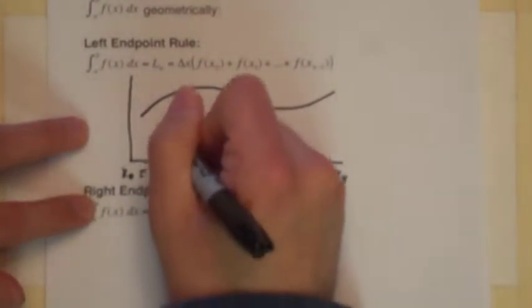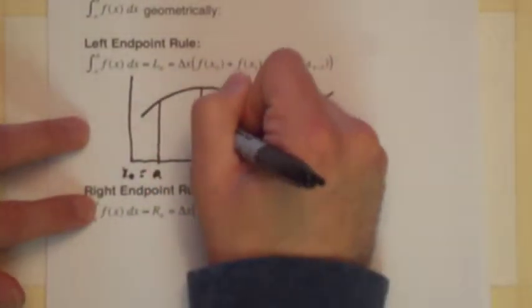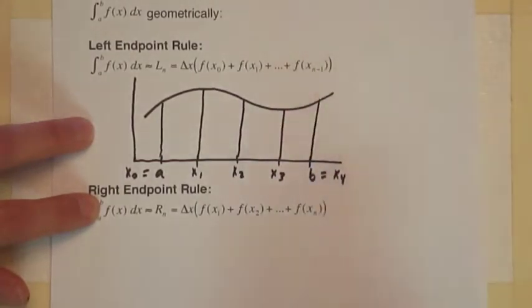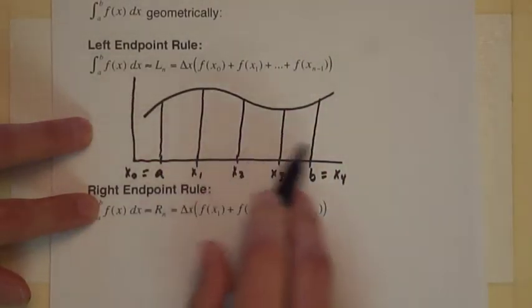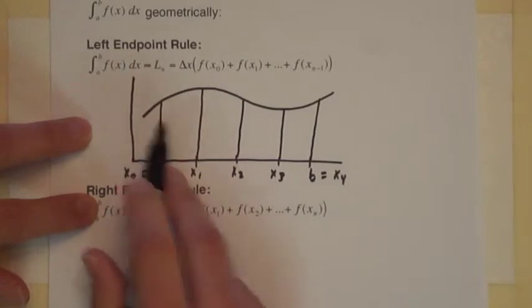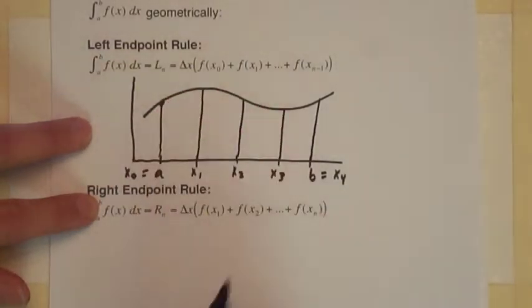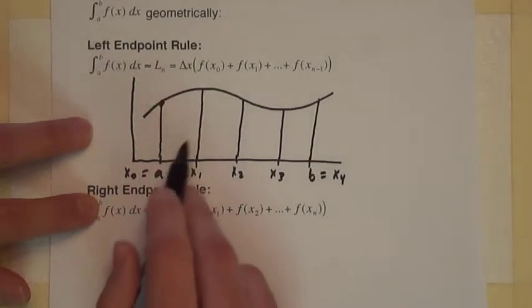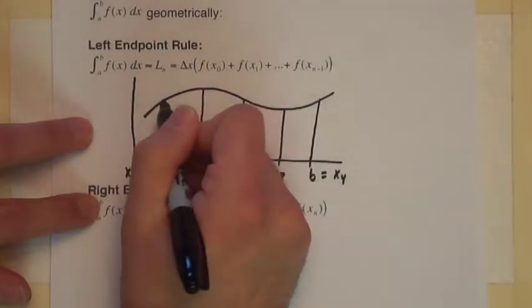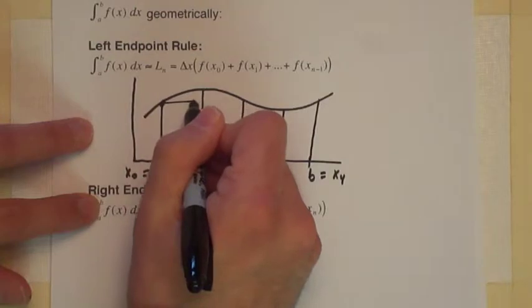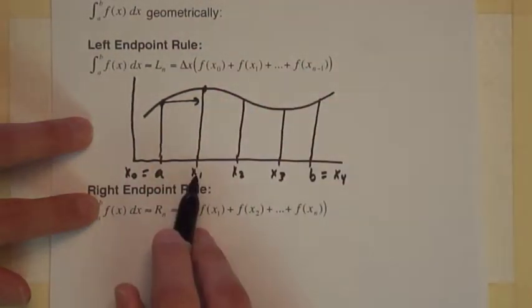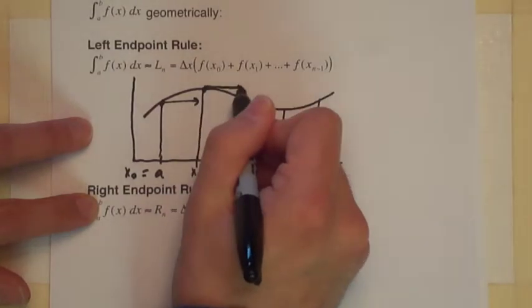So for the left endpoint rule, we're going to cut up our curve like this, and for each of these segments, take the left endpoint. So take the left side, the a as opposed to the x1 for this region, and we're going to extend it this way. For the next one we take x1 and extend it this way.